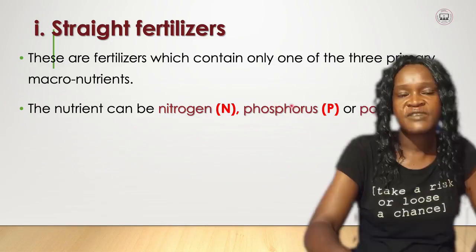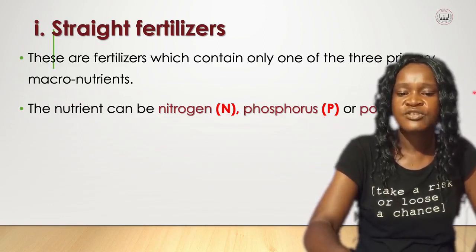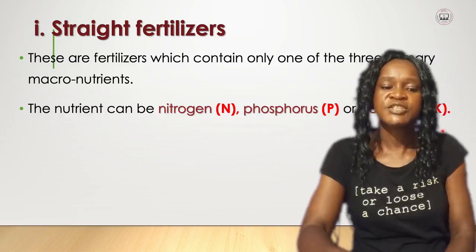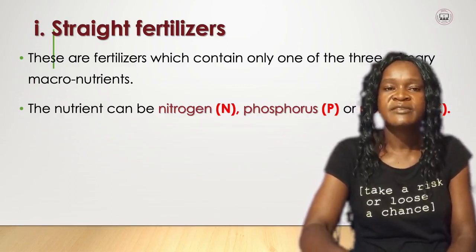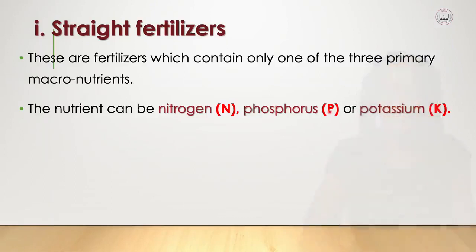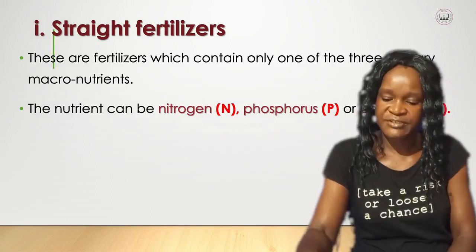If in that fertilizer we can only find phosphorus and there is no nitrogen or potassium, but there are other nutrients, still we regard it as a straight fertilizer. The same applies to fertilizers containing potassium without phosphorus or nitrogen, but maybe containing other nutrients. That is also regarded as a straight fertilizer.